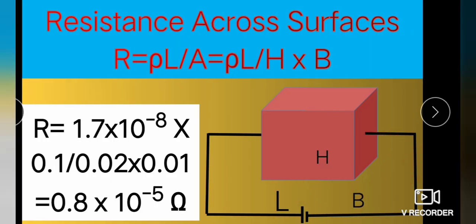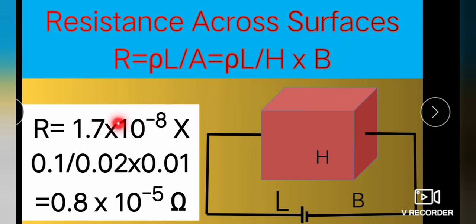Second type of question, which is twisted. Suppose the battery is connected across the same slab from left to right surface. Then here the length is equal to L and the area is considered as height into breadth.